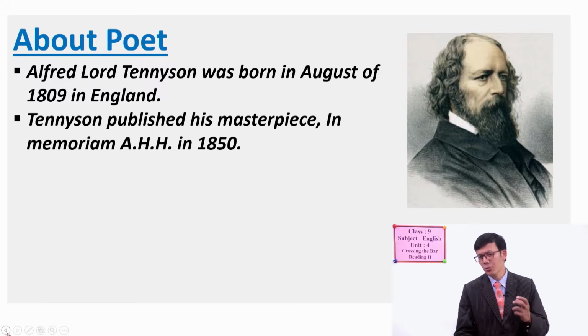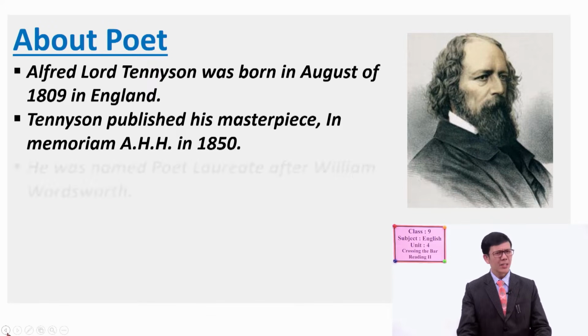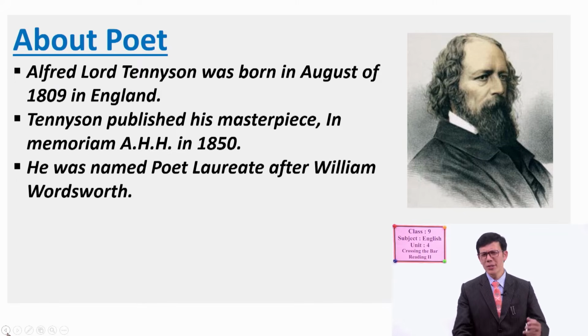This is what we call his masterpiece, okay? The best one that he has created so far in his literary journey. Yes, dear students, so he was also named Poet Laureate after William Wordsworth, okay? This is a little extra information about him.